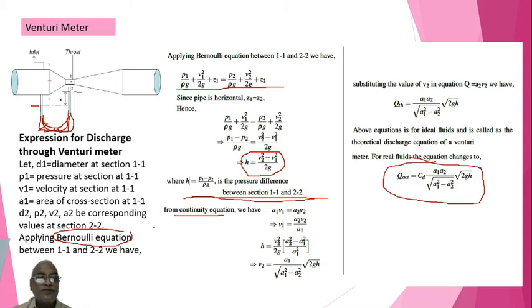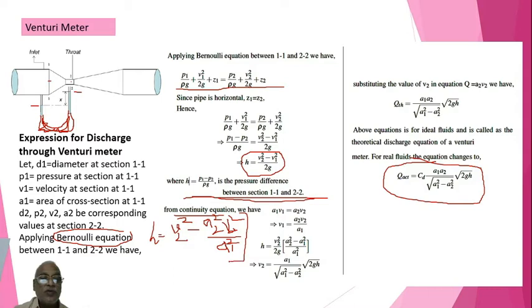Now this H can be written in terms of V2²/2g, which we keep as it is, minus, now instead of V1 we substitute this, which is A2²V2² divided by A1².